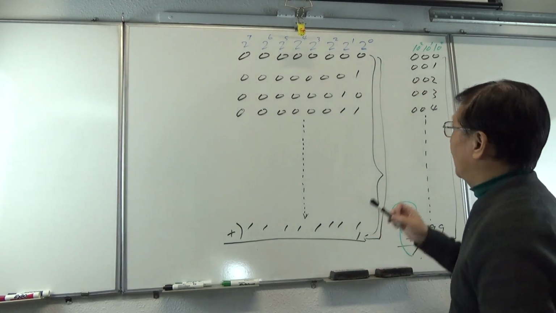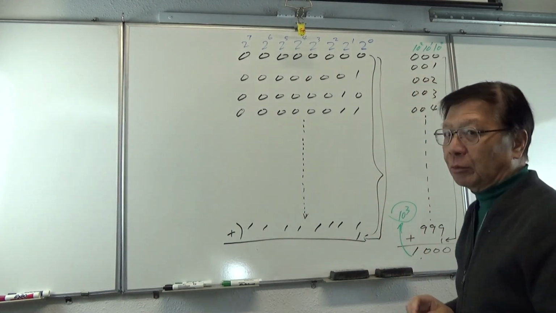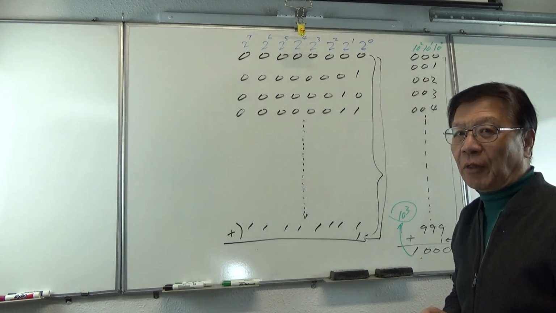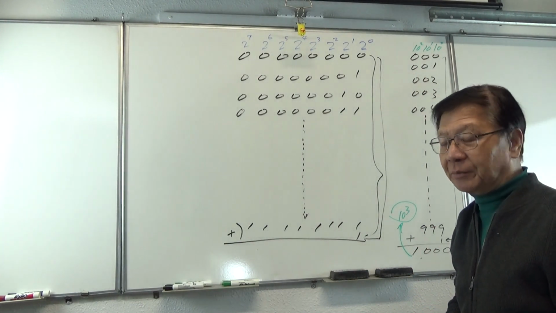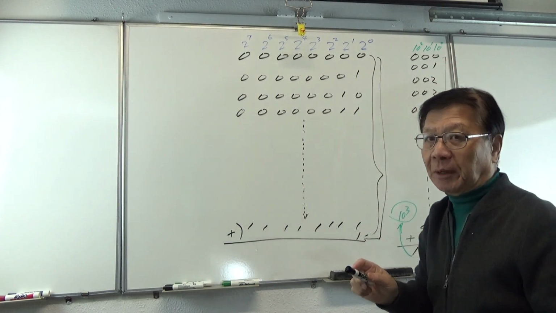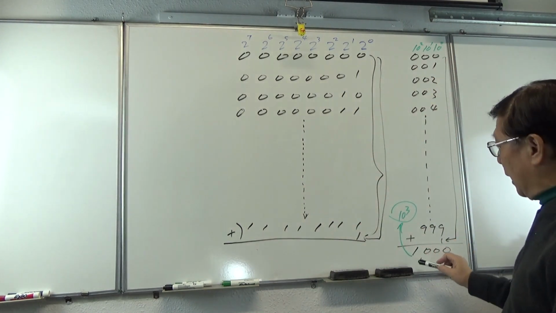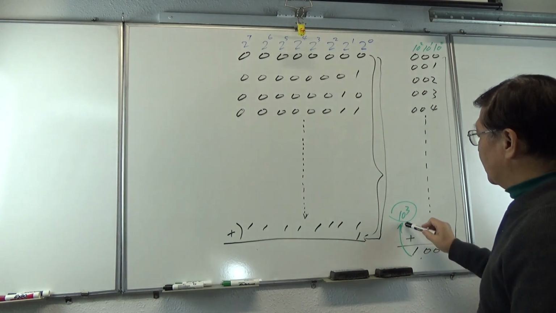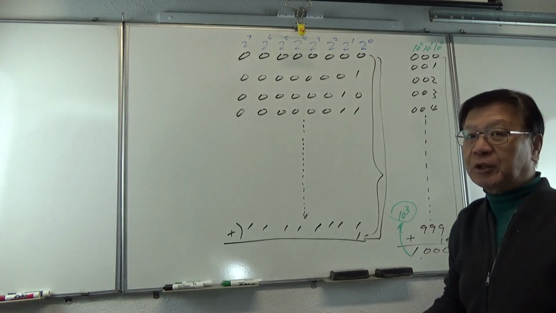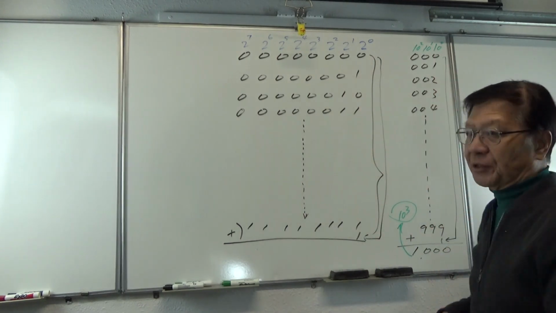I'd like to know how many numbers are available for 3 digits in decimal system. All 0 is still a number, right? So all 0 as a number plus 999, I got 1000. 1000 is 10 to the 3. That's an easy way to calculate how many numbers are available here.